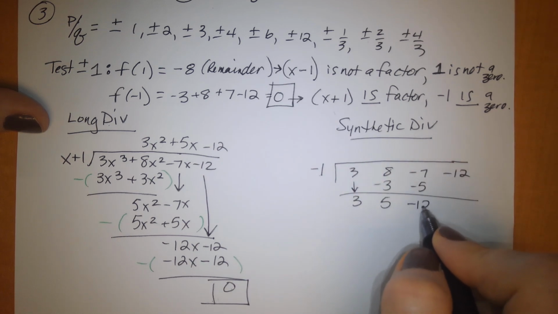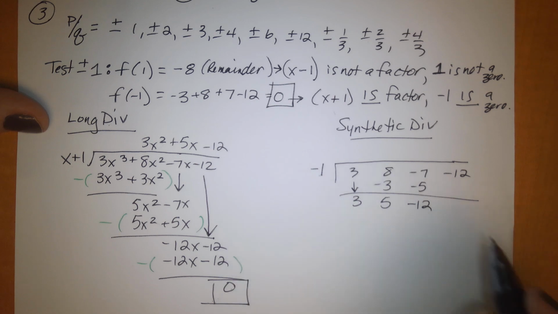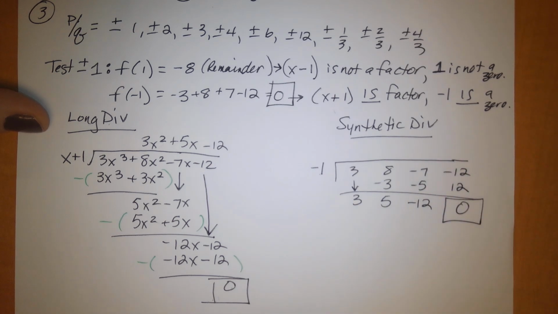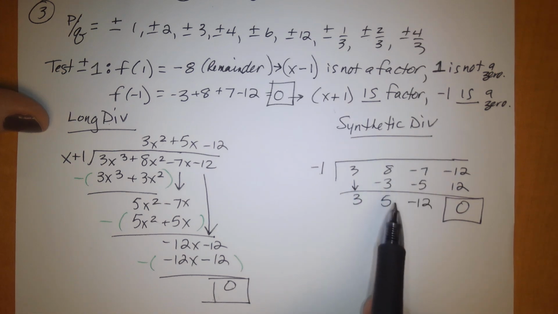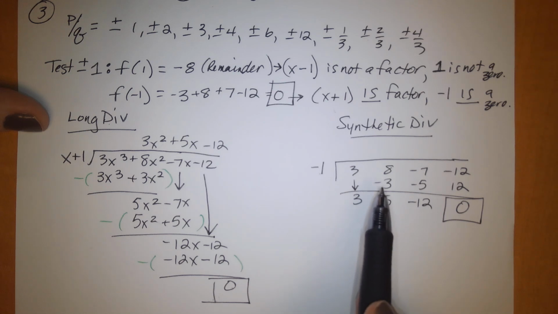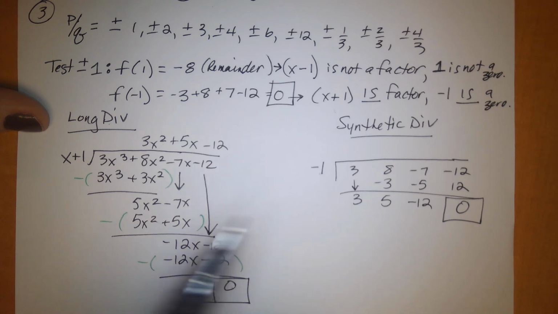And then we add. -12 times -1 is 12. And then we add. And that's my remainder. This is a much shorter way to do it. But if you're not familiar with synthetic division, you obviously can use Khan Academy or Google some videos to get a little bit better understanding of it, because it does save some time.